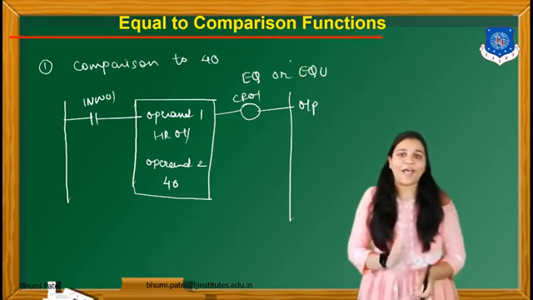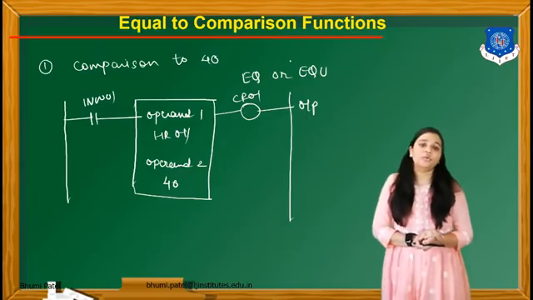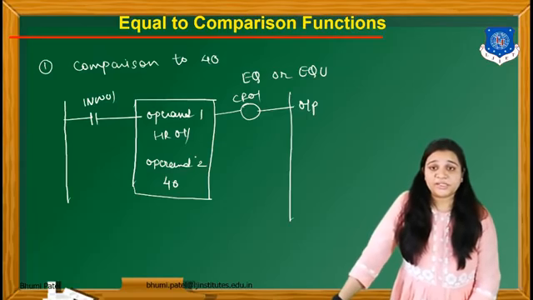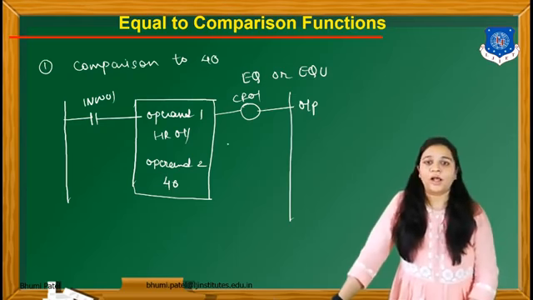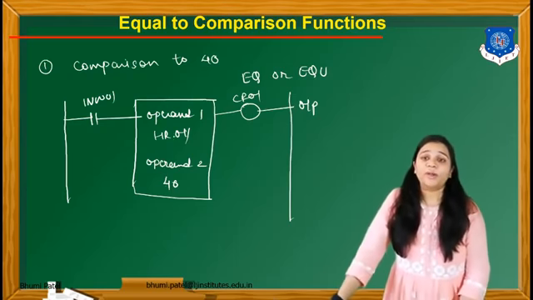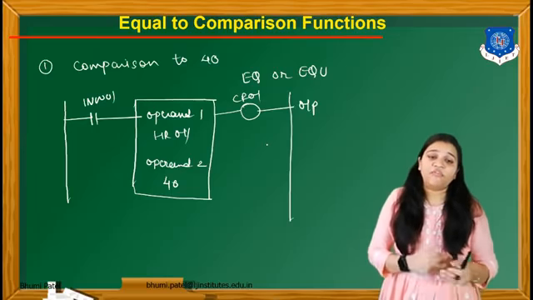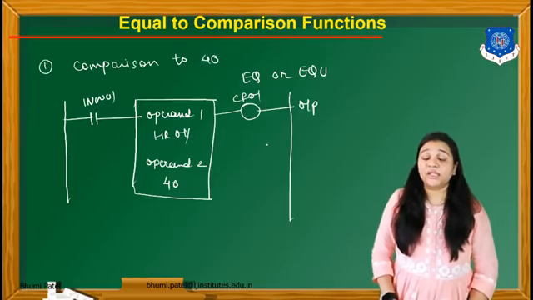These two are the direct functions of the equal to comparison function. Clear? Now we have to check: if operand 1 holds the number 40, the output goes on. If operand 1 does not hold 40, the output will be false. So this is the comparison with a specific number.